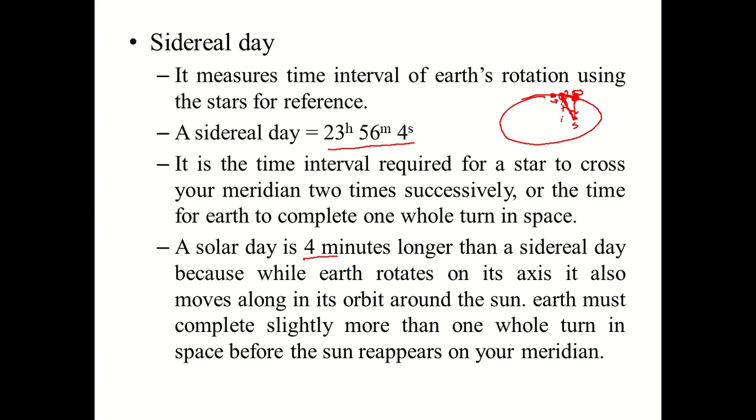So we can say that the sidereal day is the actual true period of rotation of Earth, which is given by 23 hours 56 minutes and 4 seconds, which is actually less than the solar day. So the solar day is the time interval of Earth's rotation using the sun for reference.